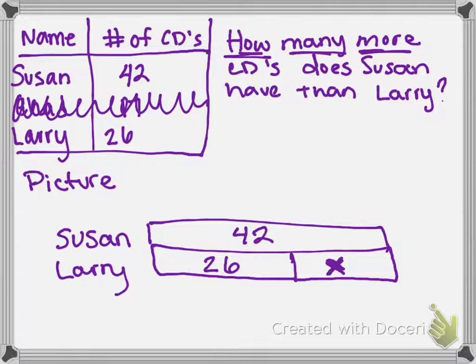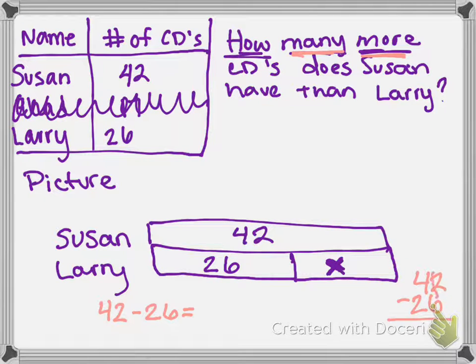All right, so now we need to write an equation for this problem. And we are going to say that Susan has 42 CDs and Larry has only 26. So we need to see what the difference is, because when we are asked how many more, that is also telling us we're going to subtract. So let's do 42 minus 26.